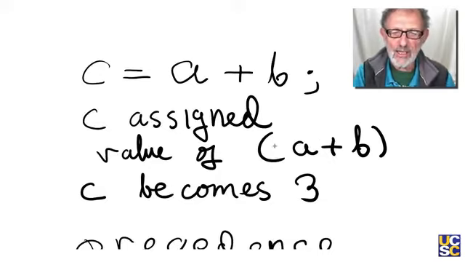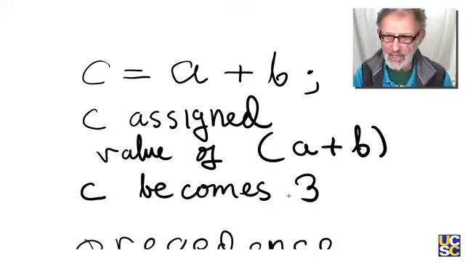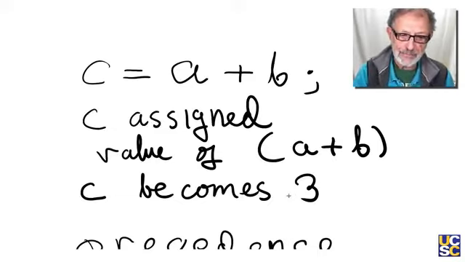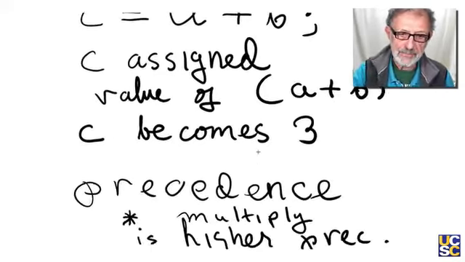So they clearly show, if you're confused otherwise, or it's a very complicated expression, how you want the order of evaluation to occur. So as we just said, c becomes 3. That should be straightforward. Let's go on.